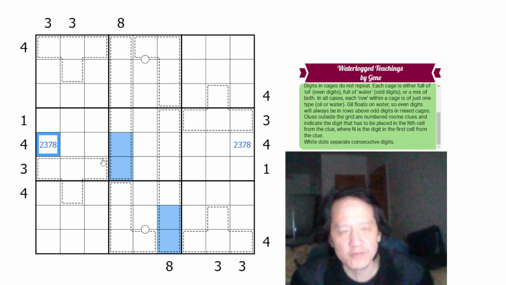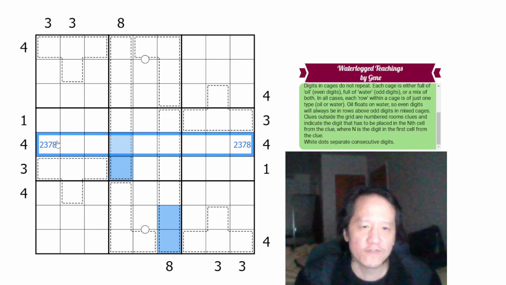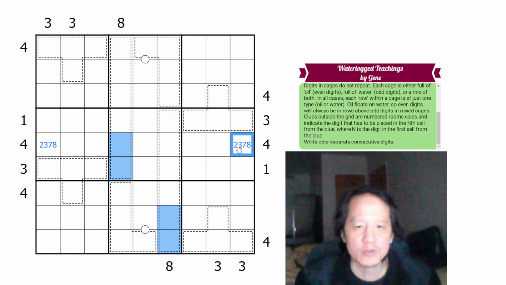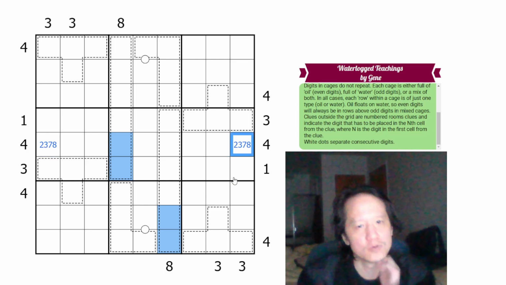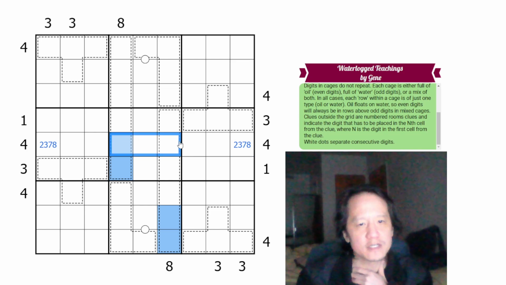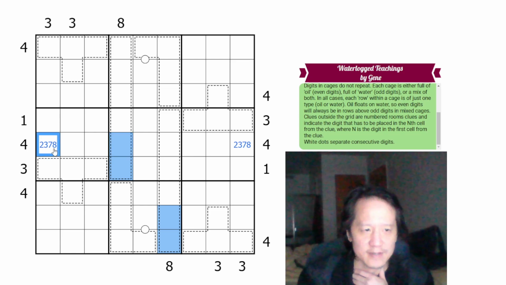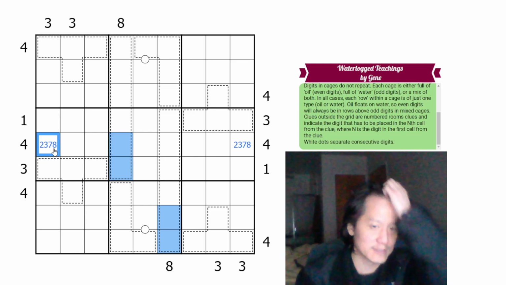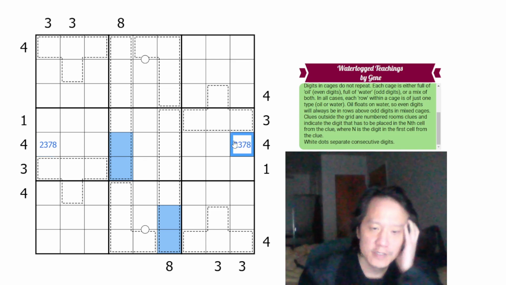So because there's a 4 in both of these clues, the 4 has to be either here, which would mean this is 2 and that's 8, here, which means that's 3 and that's 7, here, in which case this is 7 and this is 3, or here, in which case this is 2, 8, and 2, right? It cannot be 4 and 6 because if it's 4, obviously it's not in the fourth position. So this is 2, 3, 7, or 8.